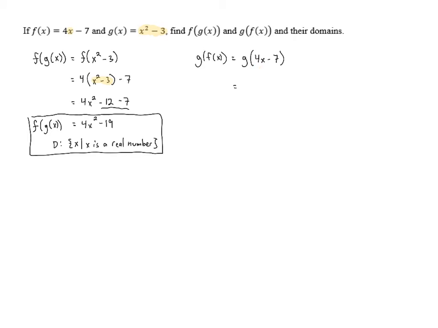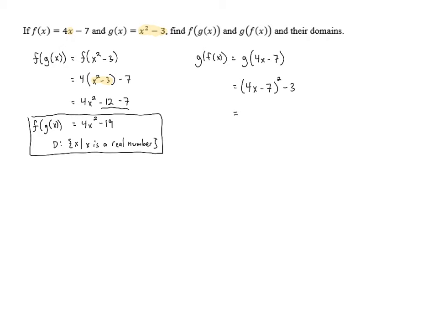So if we're evaluating g at 4x minus 7, we need to square 4x minus 7 and subtract 3. To simplify this, we want to get rid of the parentheses. We've got to square 4x minus 7, and we know that that's a special product.